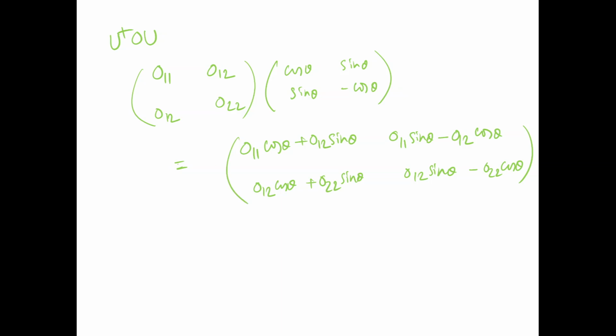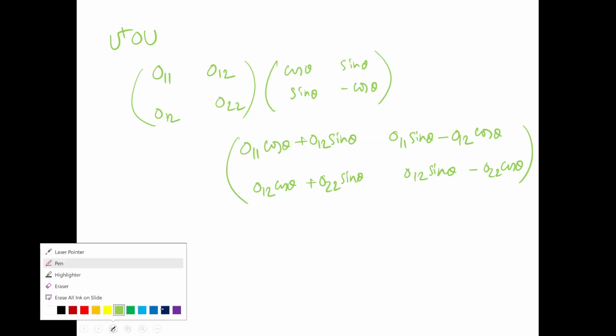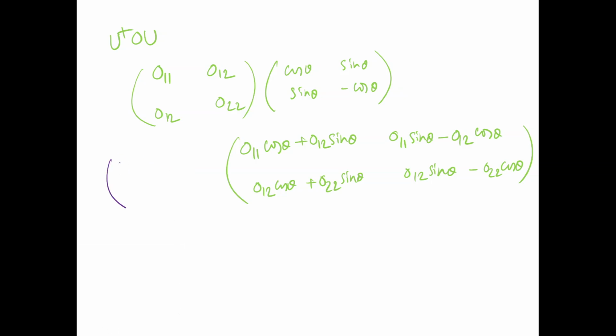Then again you have to multiply this with U dagger. So what is our U dagger? U dagger is cos theta, sin theta. Actually they are the same. Cos theta sin theta and sin theta minus cos theta. So now let's do this.